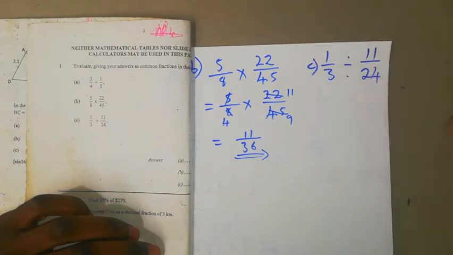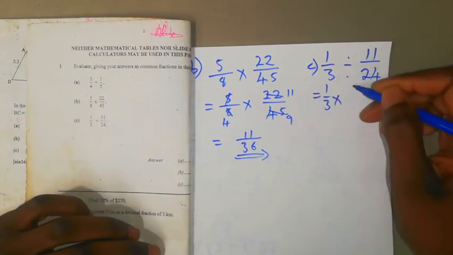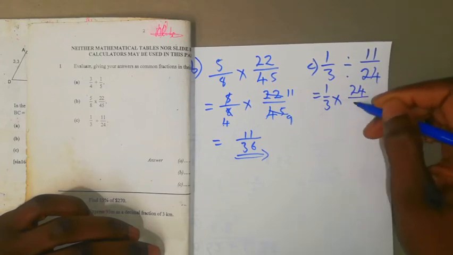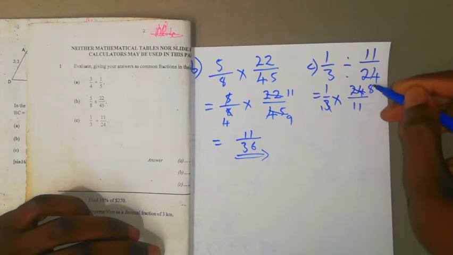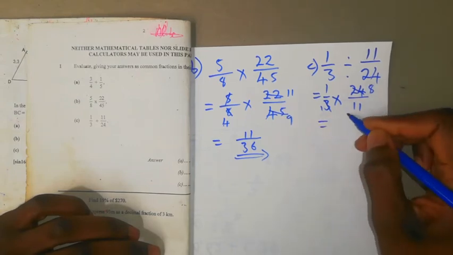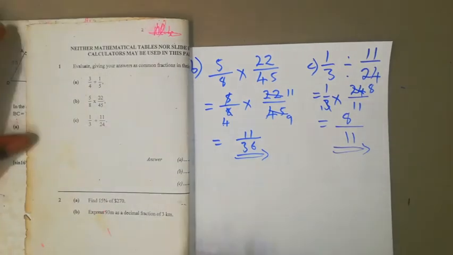So we invert the second fraction and introduce what? A multiplication sign. In this case, it's equal to 1/3 times 24/11. Then you cross divide. You cross divide 8. So my answer is equal to 8/11. That is my final answer.